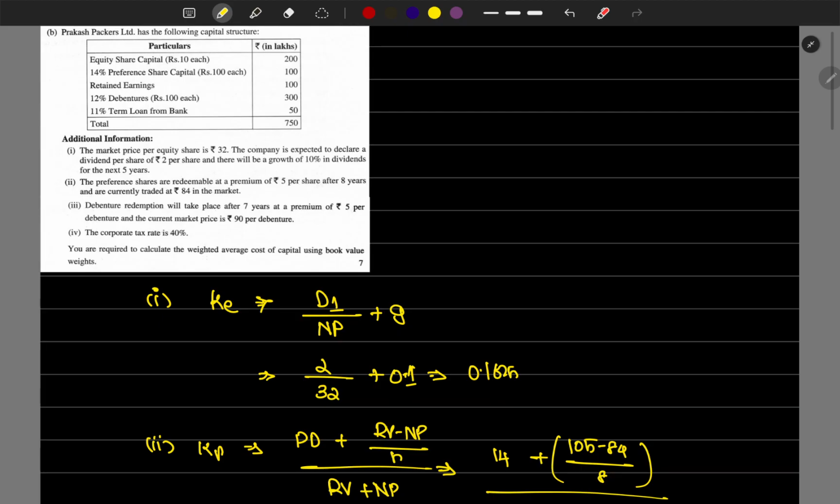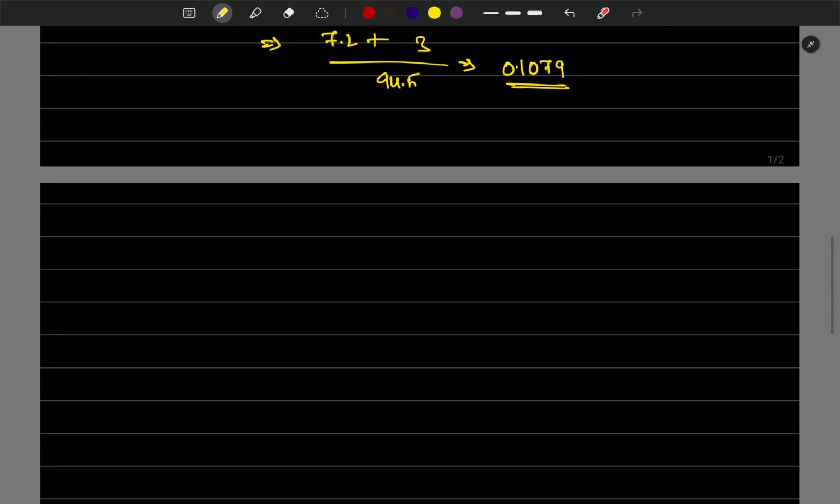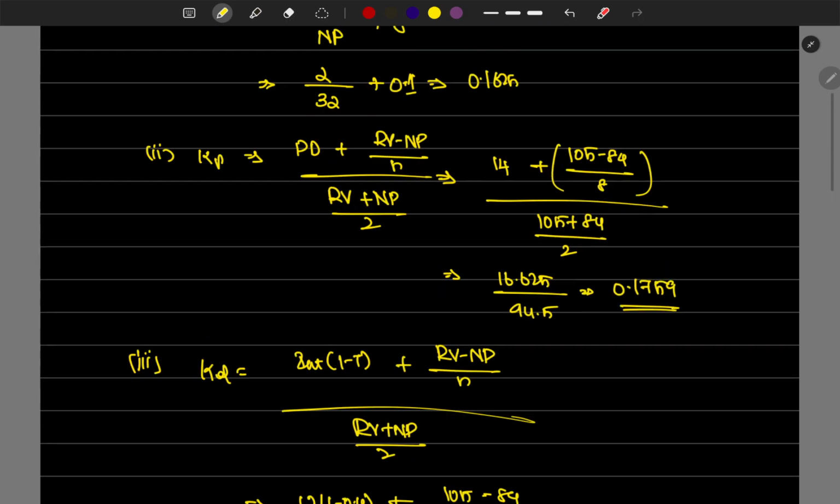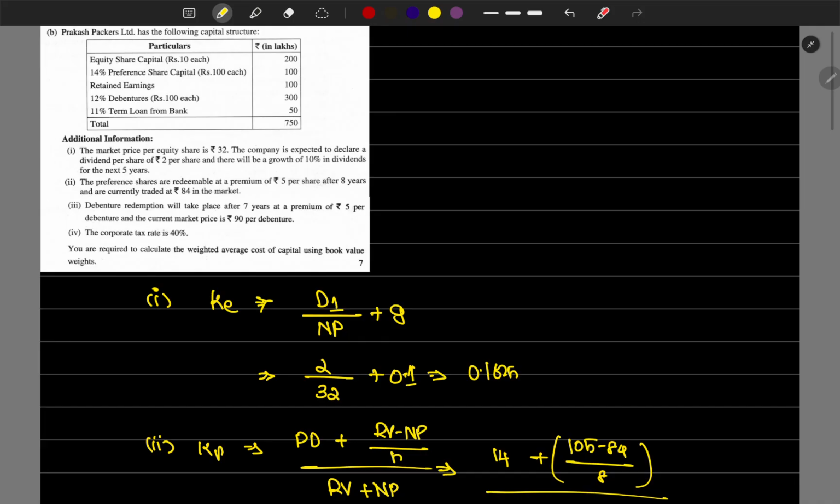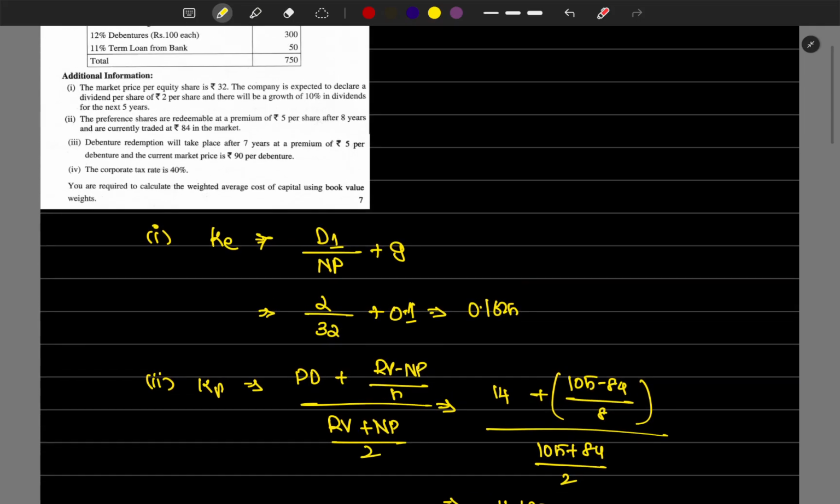Lastly, we have KT, the term loan. KT is interest into (1 minus T) only. We don't have anything else, there is no redemption, it's only repaying the loan.